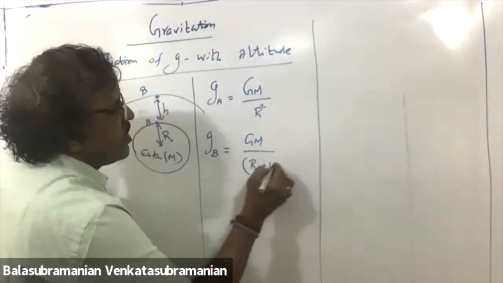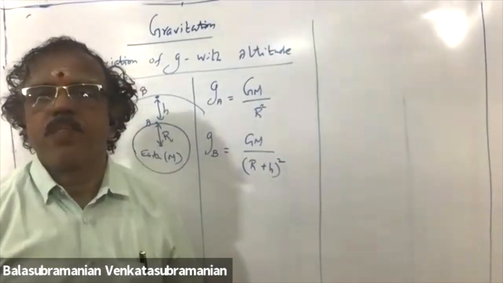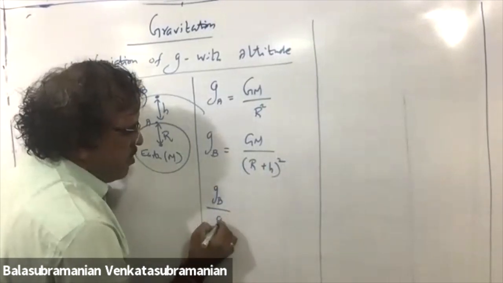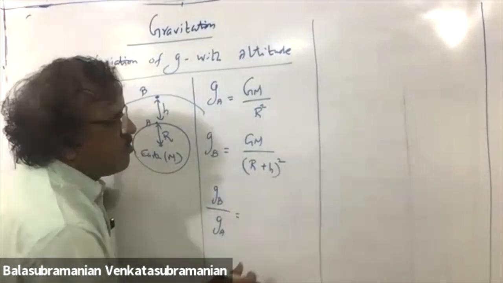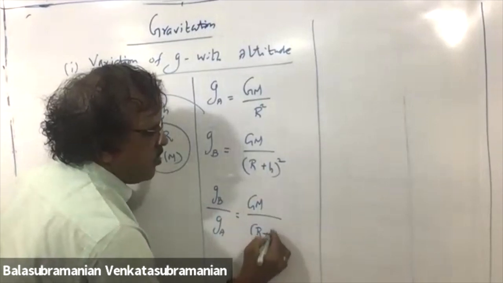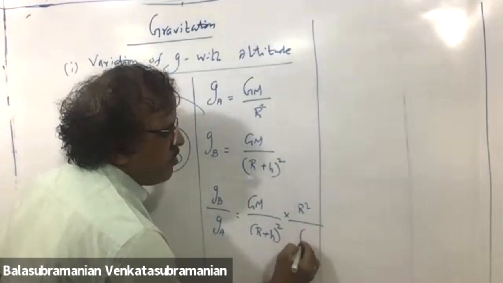R plus H, the whole square. g B by g A is G M by R plus H the whole square, into R square by G M.